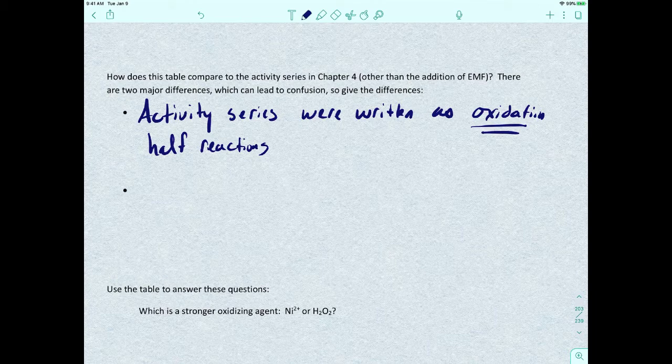The other is this. Strongly reducing agents are going to be at the top of the activity series.